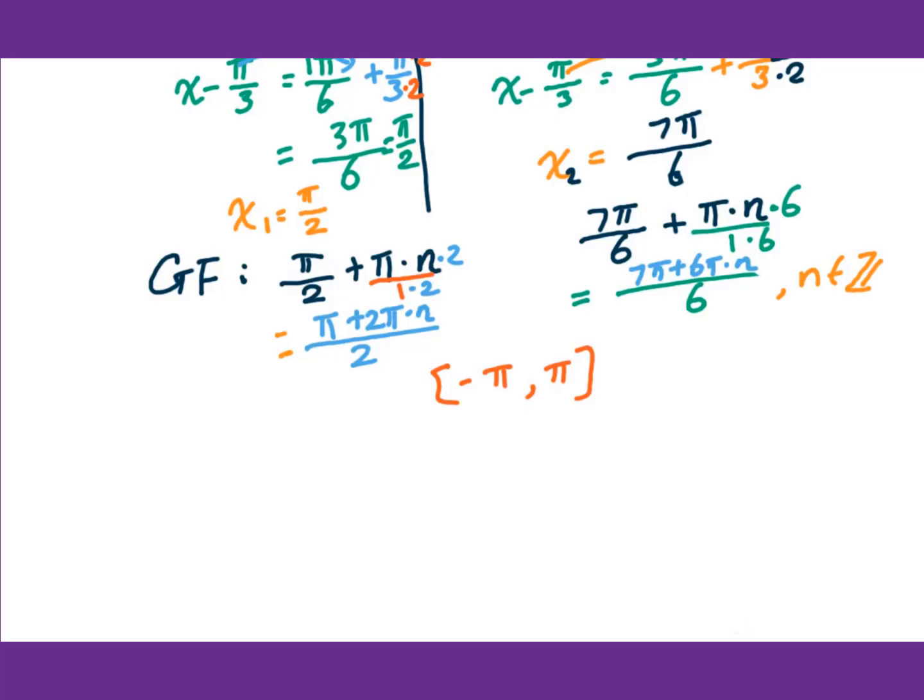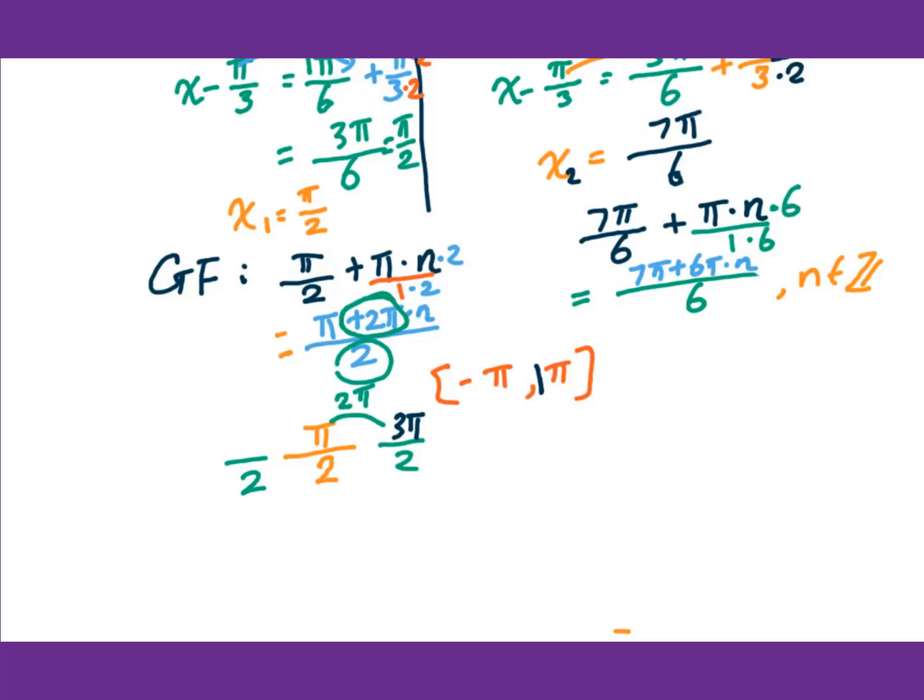Since we are looking for solutions between negative pi and pi, I write down the solution pi over 2 first. The pattern will be, you keep the same denominator, but your numerator keeps adding or subtracting 2 pi. So I add 2 pi. You will get 3 pi over 2. Since we are looking for solutions between negative pi and pi, this is 1 pi, and 3 divided by 2 is 1.5 pi.